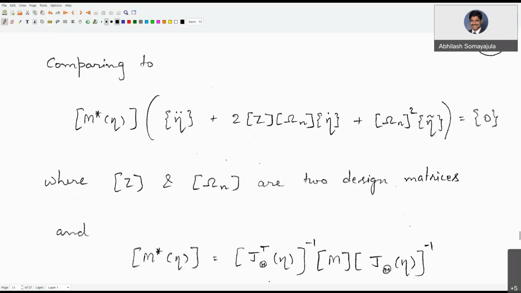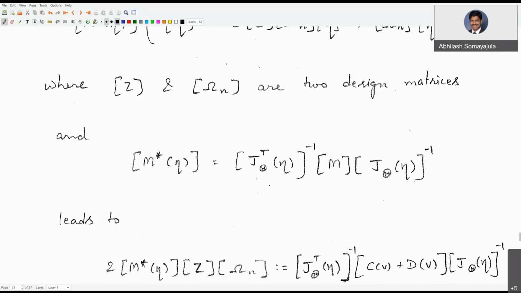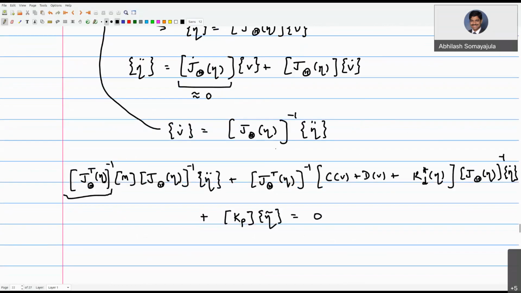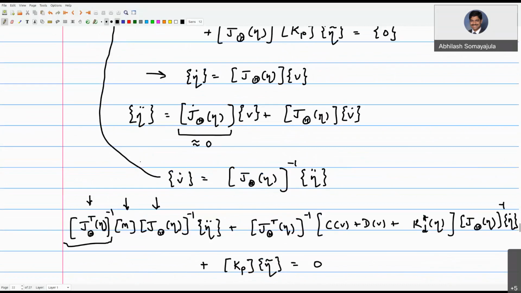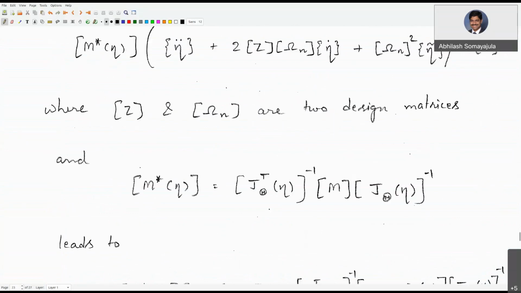So now we will take term by term comparison, and you will basically see that this M star, the so-called mass matrix, is nothing but J transpose inverse times mass times J inverse. That is what gets multiplied with eta double dot, right? So that becomes my new mass matrix, or the so-called notional mass matrix.